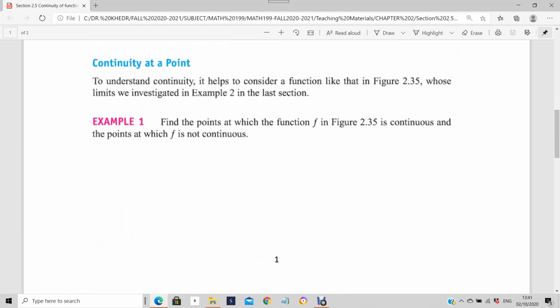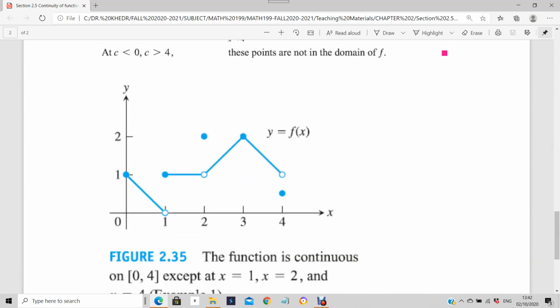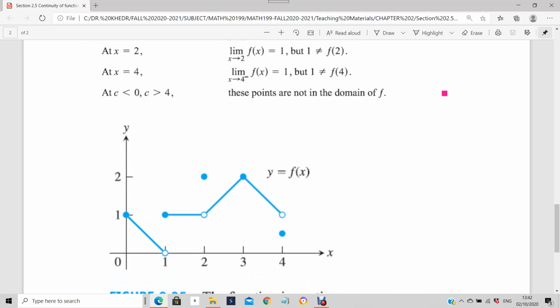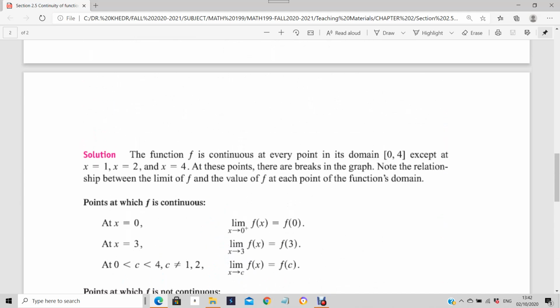Let's understand the continuity of this function. We have here a graph of this function. We have seen this function in the previous section where we found the 2-sided limits of the function. For this function, we want to test the continuity in the domain from 0 to 4.